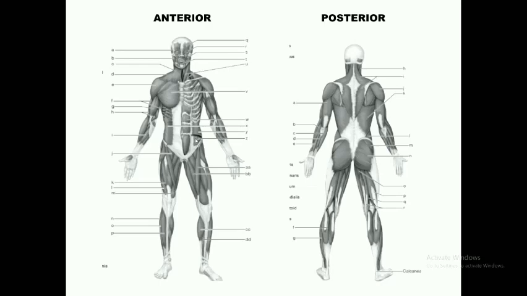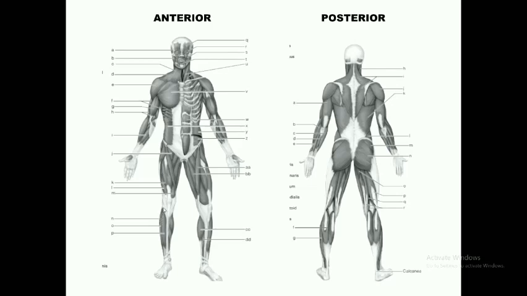So this is our transversus abdominis. It is located under the internal oblique. So answer is C. Next, fibularis longus. So this is our fibularis longus, this little part of muscle here. That is letter N.